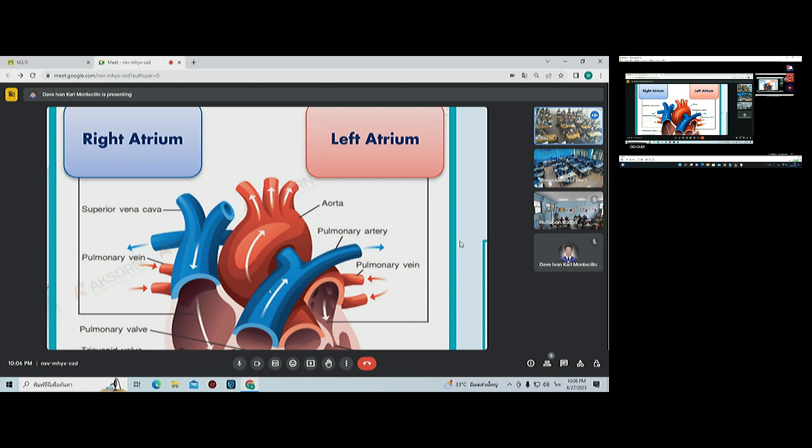Okay, very good. Again, that is the superior vena cava. How about the red? Aorta, okay? The biggest blood vessel we have. Here, the color red. And we have here a small blue blood vessel, that is the pulmonary artery.